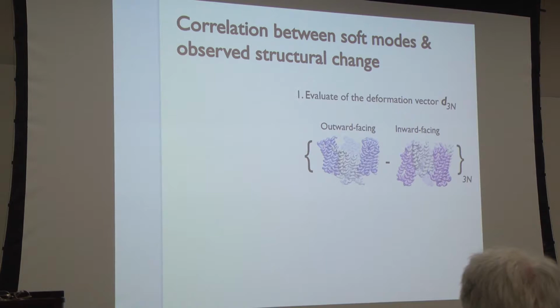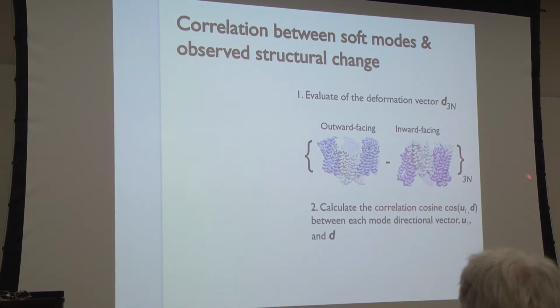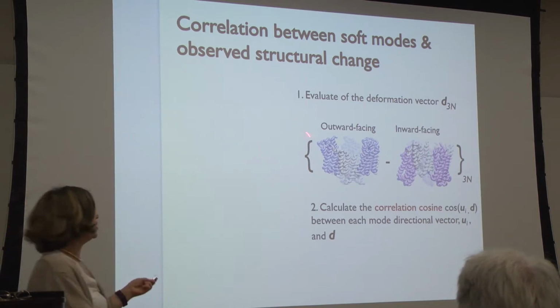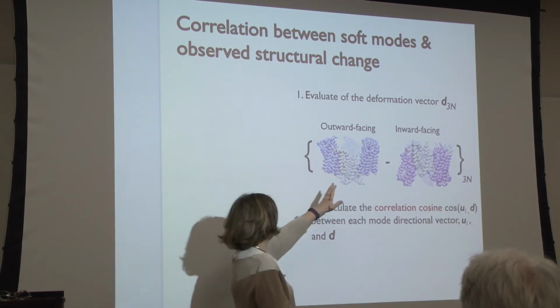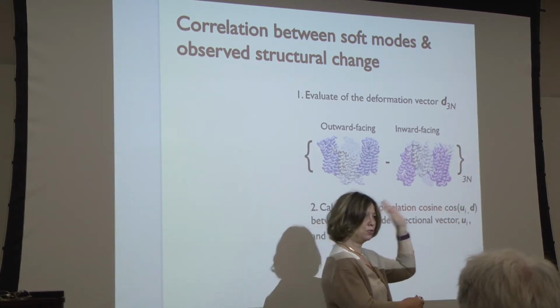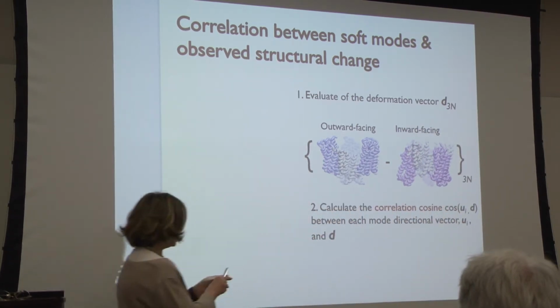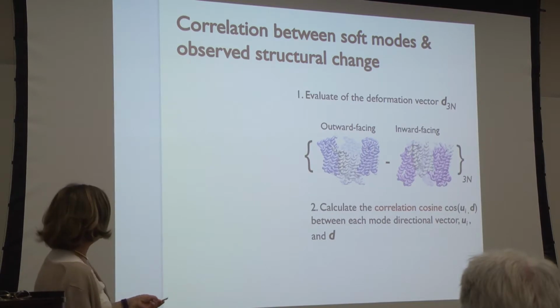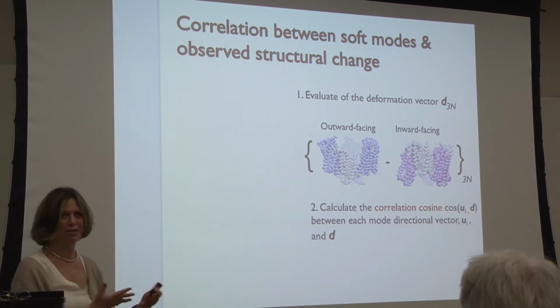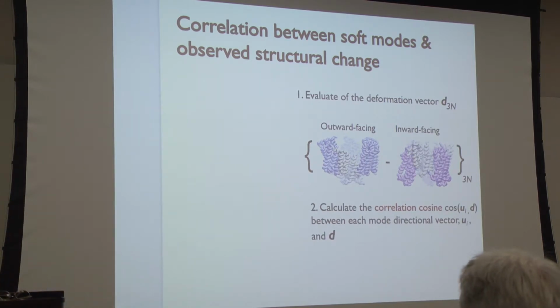So the question is again, once we have calculated this deformation vector, and we did our analysis, so we can do our ANM analysis either for the outward facing or for the inward facing. We can try to see both ways, right? We want to see whether there is a correlation cosine which is high enough to support the predictions, right?